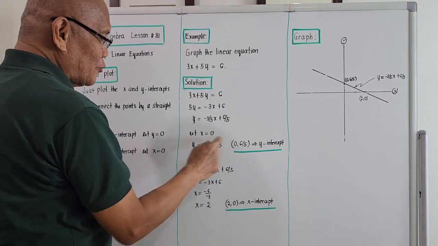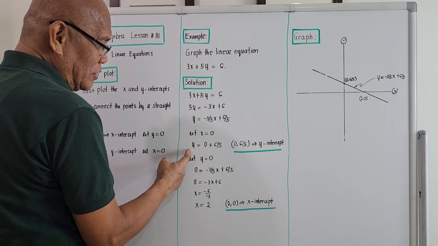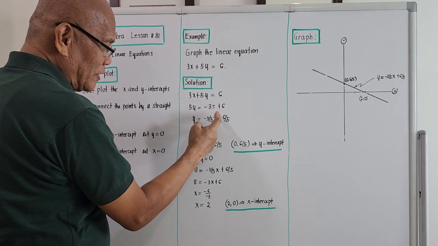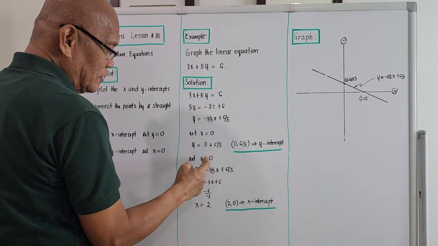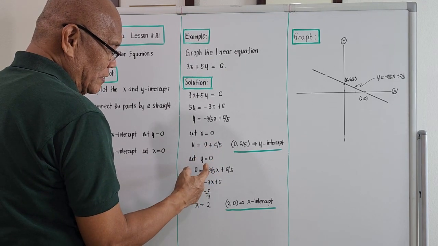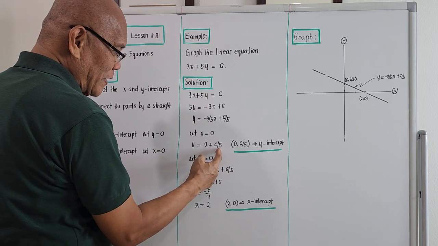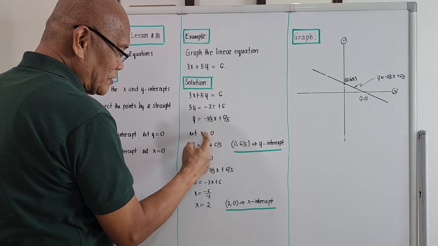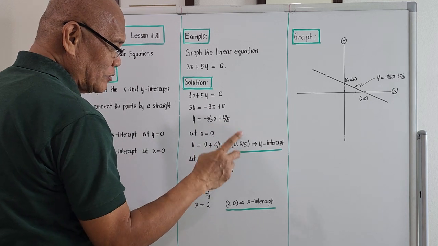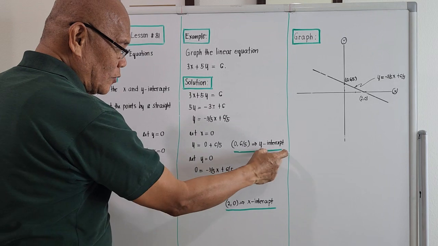For the y-intercept, we set x equal to 0 in the given linear equation. So y should be equal to minus 3 over 5 times 0, this will be 0, plus 6 over 5. So y is actually 6 over 5 when x is equal to 0. So the location of the y-intercept will be at 0 and 6 over 5. Y-intercept.